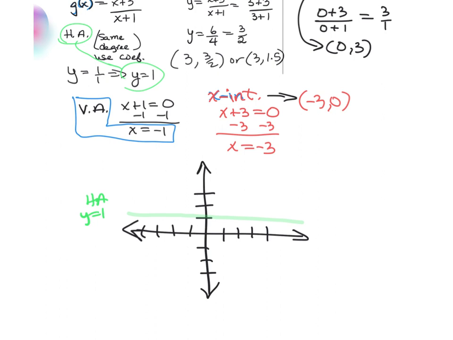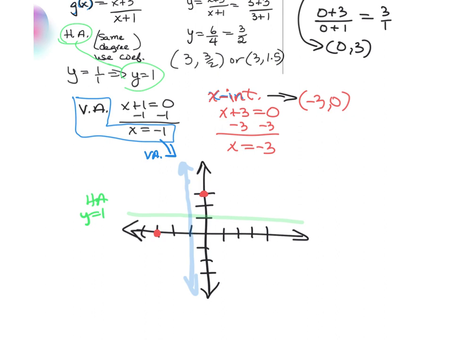My vertical is at x equals -1. So that's my vertical asymptote right here. Next, I'm going to graph my x-intercept. It's at -3 comma 0. Then I'm going to graph my y-intercept. It's at 0, 3.